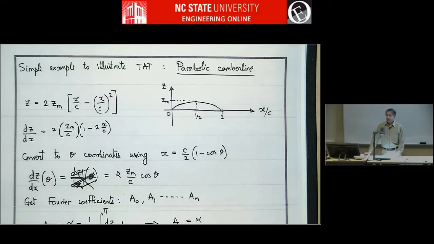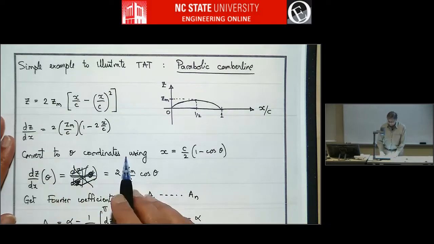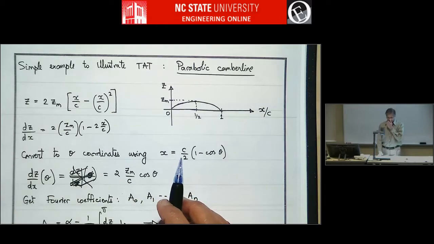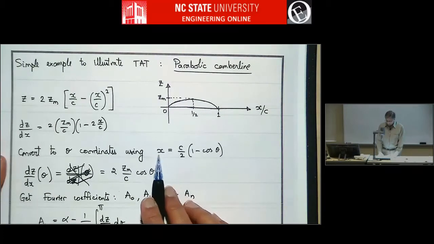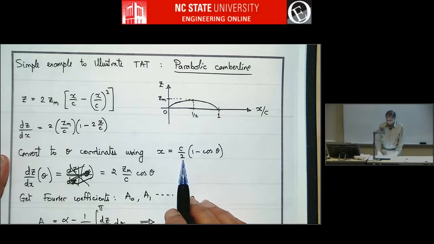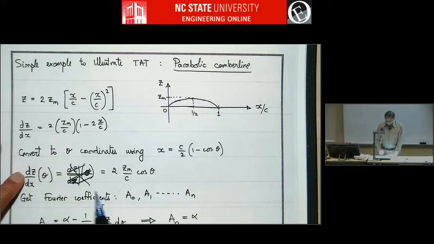It's easiest to work in theta coordinates in thin airfoil theory. So let's convert x to theta coordinates using this transformation, the same transformation that we used in thin airfoil theory. x equals c over 2 times (1 minus cosine theta). And dz/dx is this.